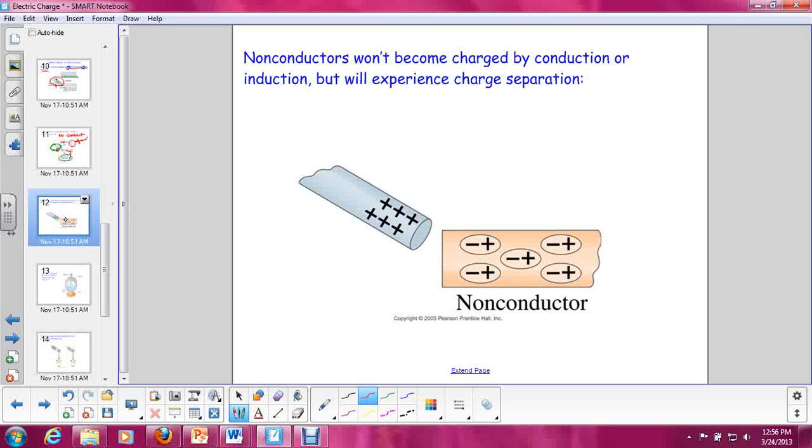Within the atoms inside that wood, there will be a separation. The electrons will be attracted to a positively charged object, and the protons will stay out where they are. So, overall, there will be a charge separation in that wood. But the charges will never actually flow out of that object. So it never becomes charged.